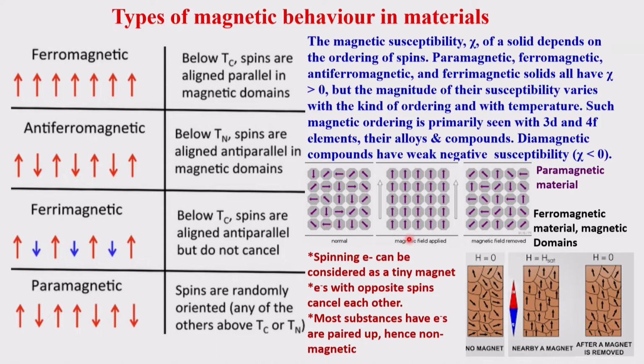Now, if you put a field on that same compound, you are not changing anything, but you are putting it under a magnetic field, then you can see that they are aligned. Now, you remove the magnetic field, and they go back to randomization. Such a material is called a paramagnetic material.